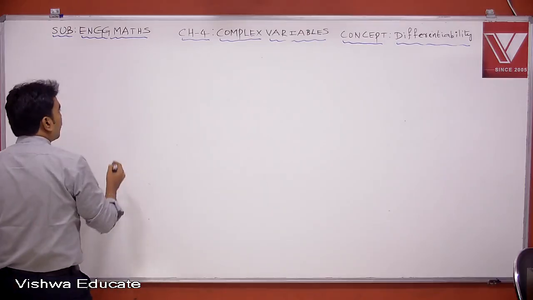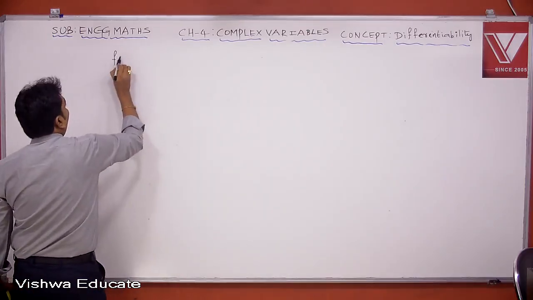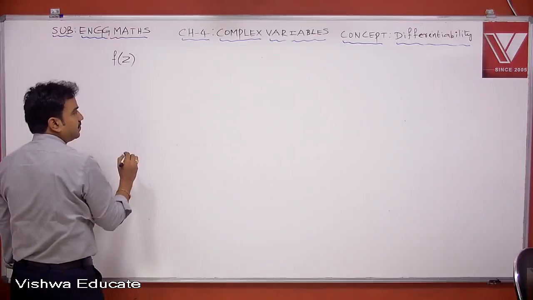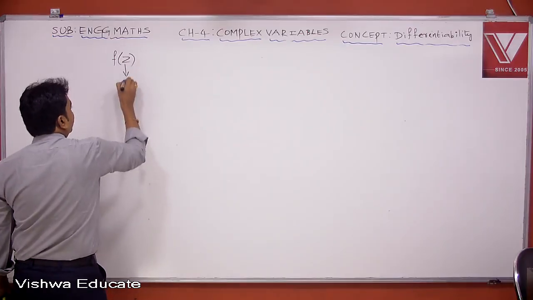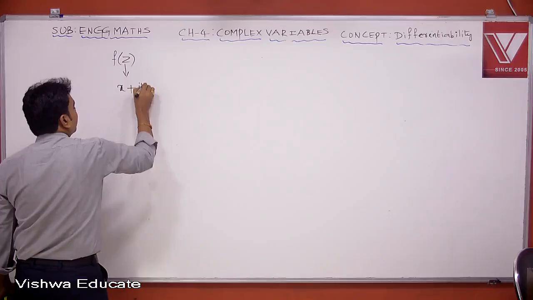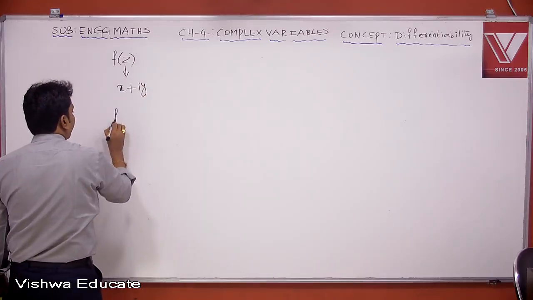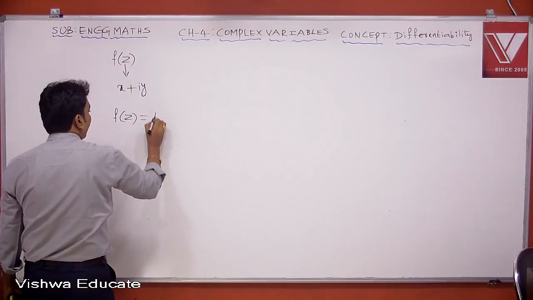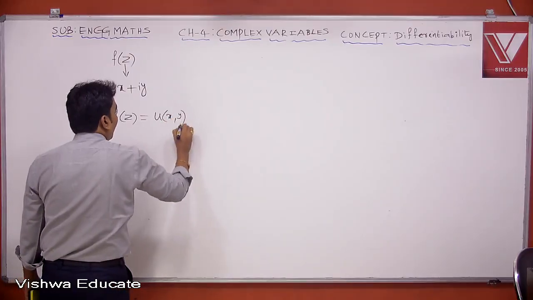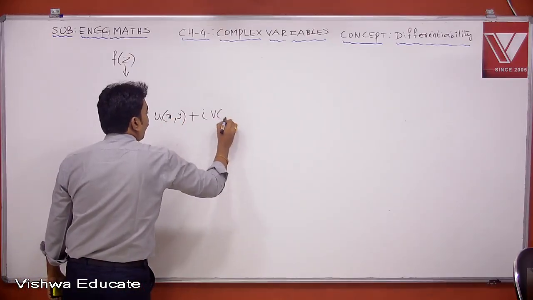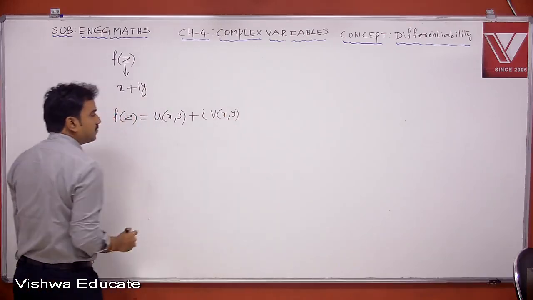Now we discuss one important point. Suppose we have a complex valued function f of z. Now what is this z? Z is a complex variable. So when you replace z by x plus iy, then this f of z will be in the form u of x comma y plus I into v of x comma y.